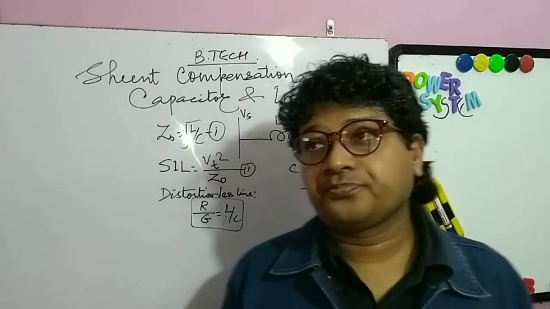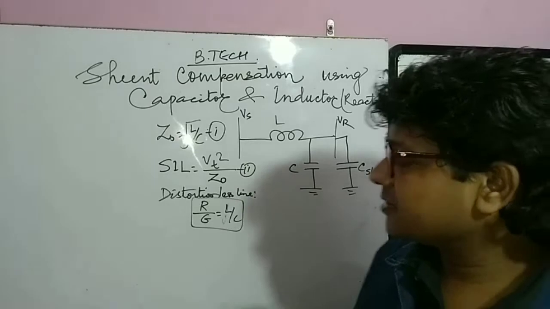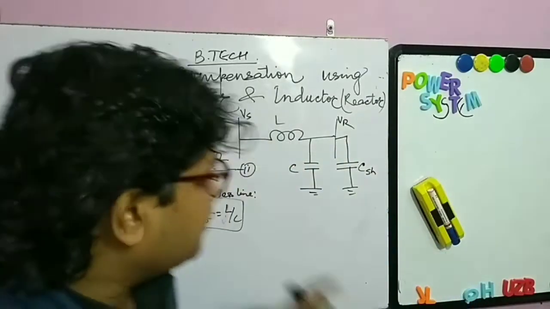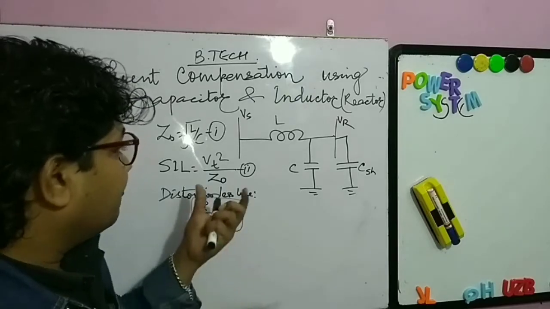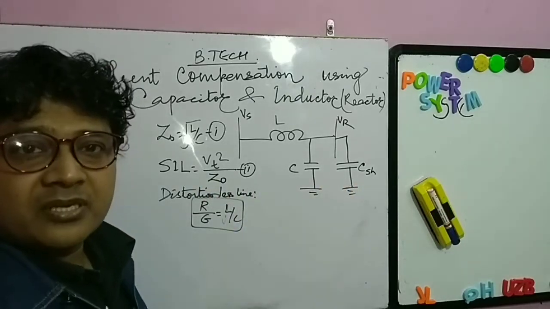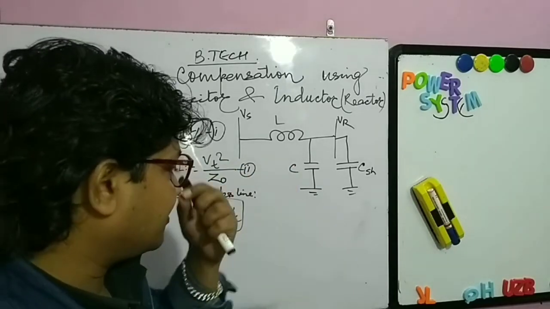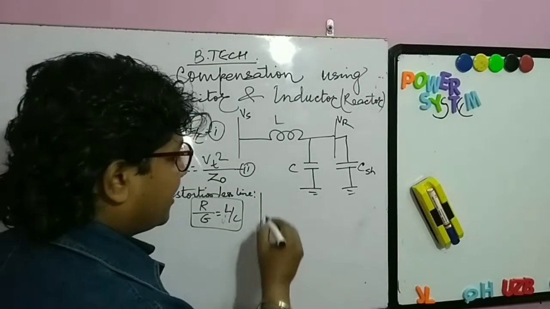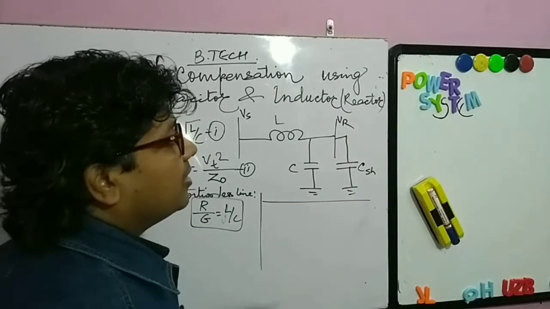So now we have to find out what is happening for some compensation, and what change we get when we use this capacitor as shunt. So we are connecting a capacitor. Directly we can calculate this, because these are connected in parallel.